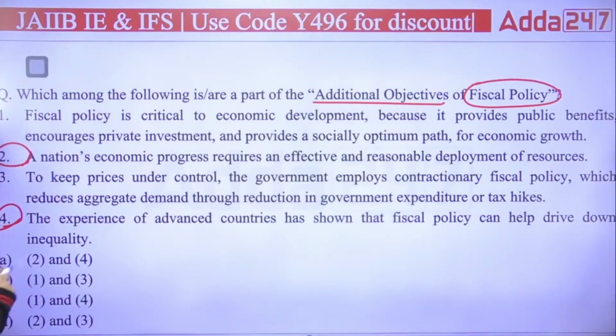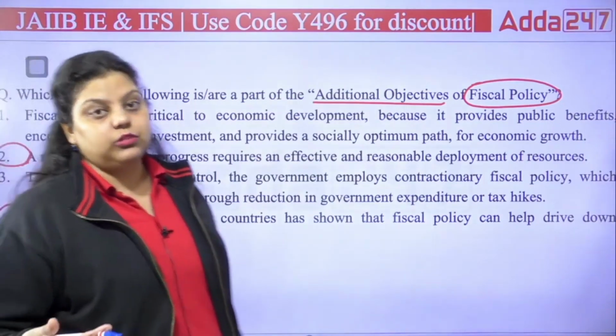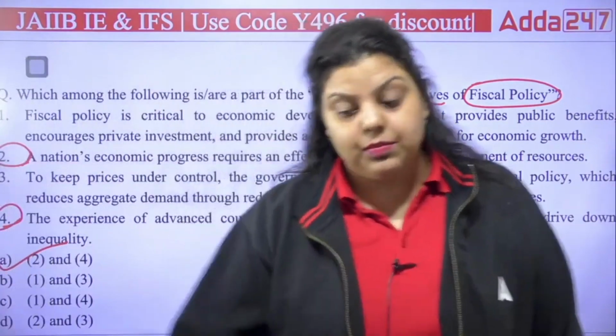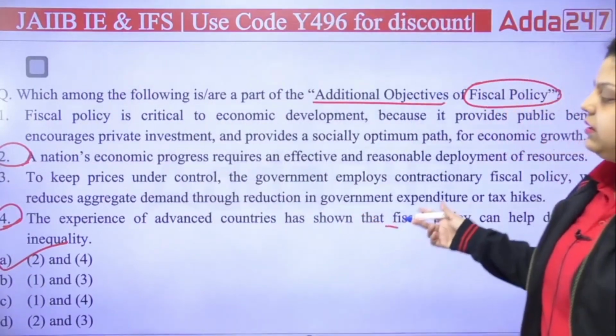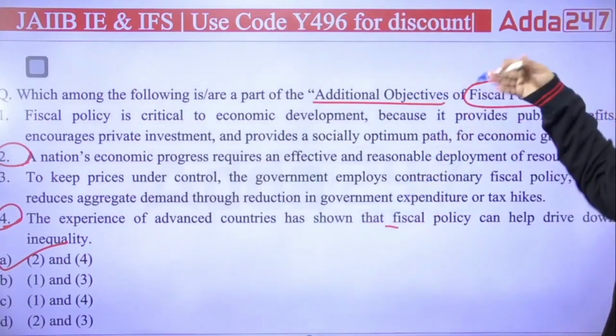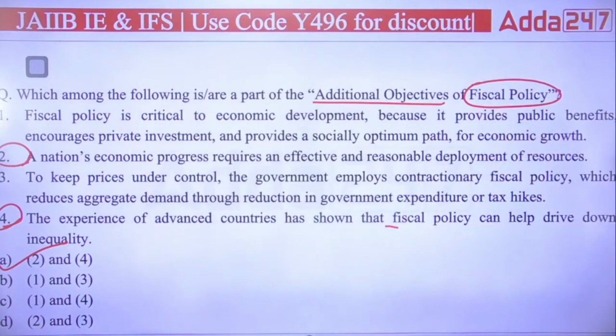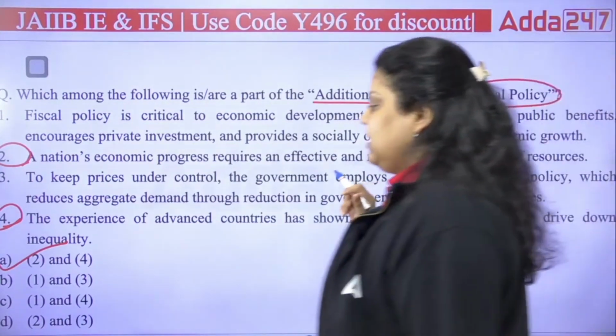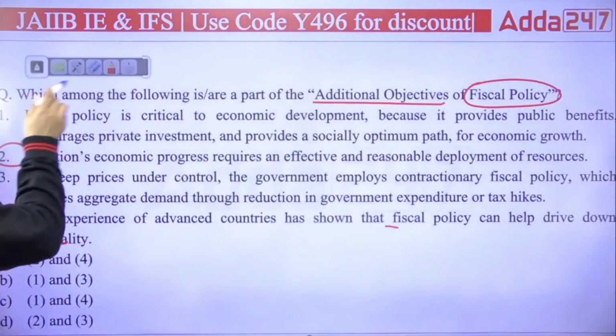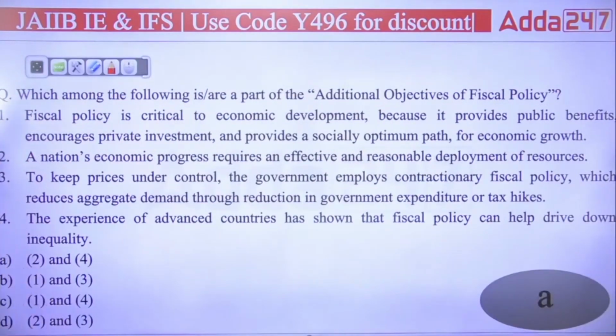So right answer is A, second and fourth. The second statement and fourth statement are actually the additional objectives of fiscal policy. First and third are the primary objectives. The third statement is describing for what purpose the fiscal policy is working. So right answer will be A, second and fourth are the additional objectives.